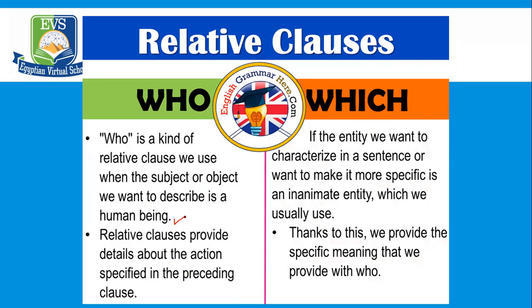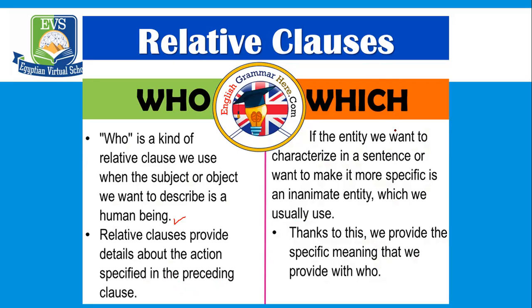So the relative clause starting with who refers to persons. The relative clauses provide details about the action specified in the preceding clause. I identify something related to this person to clarify who he is or who she is.